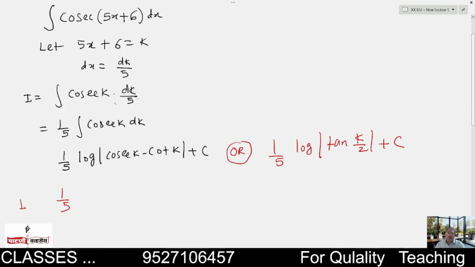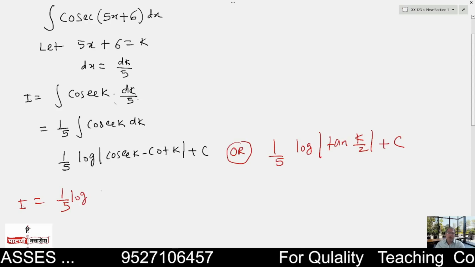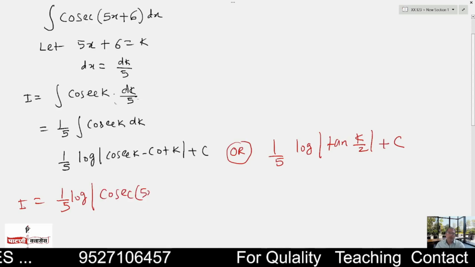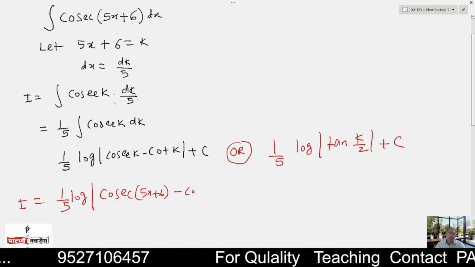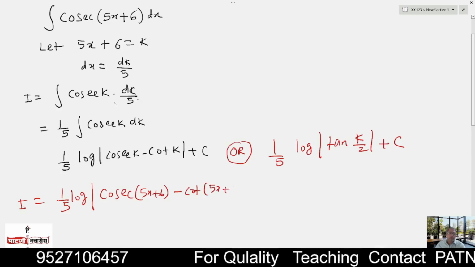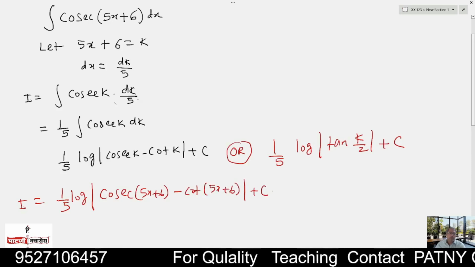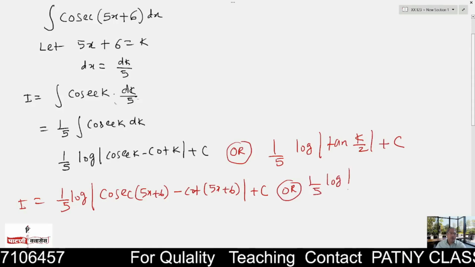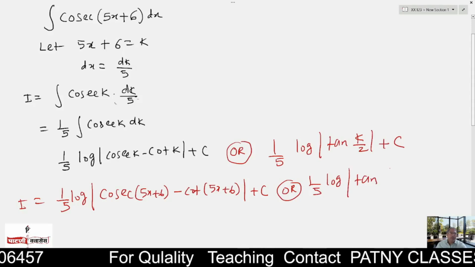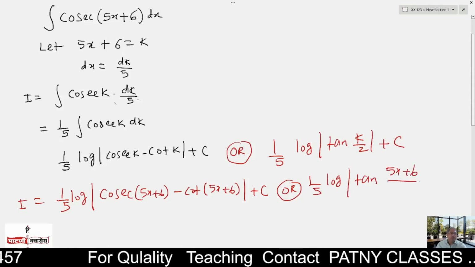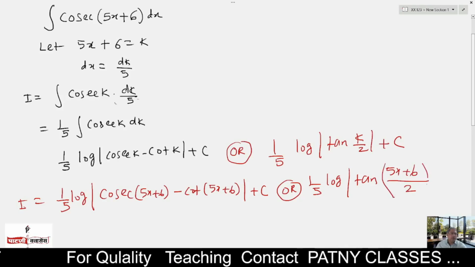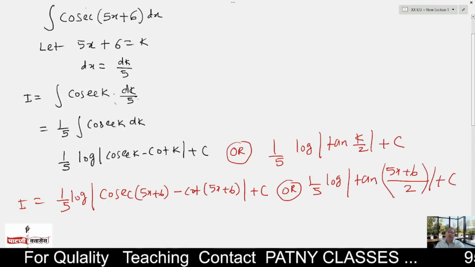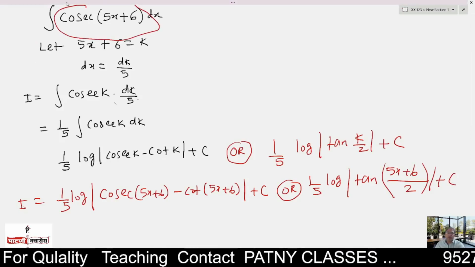Putting back the value of k, 5x plus 6, we get 1 by 5 log of tan of (5x plus 6 by 2) plus c. This is the required integration of cosec (5x plus 6).